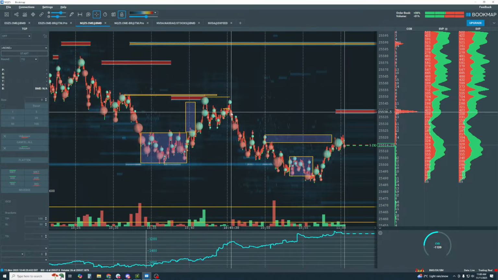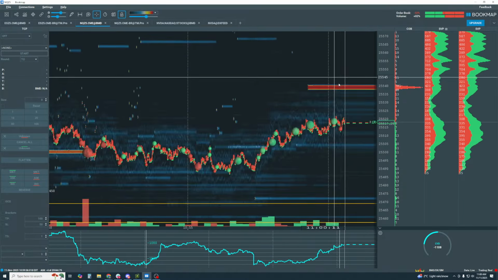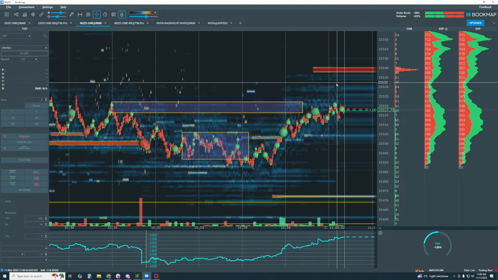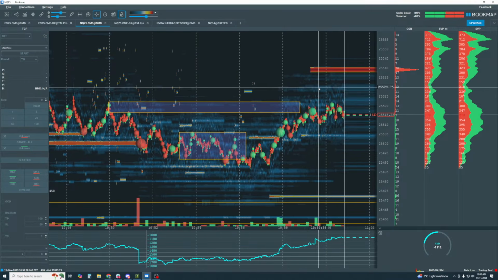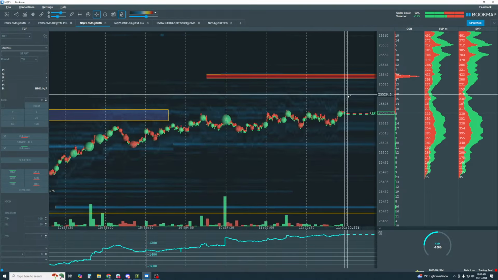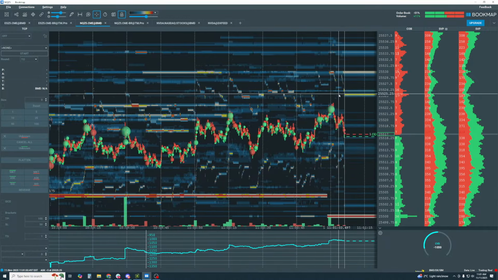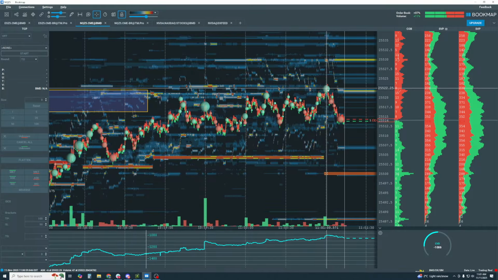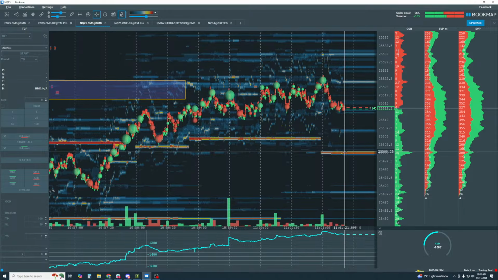Just to where it dropped from up here. Okay, well, if it can't break out and we see the selling come back in here, let's see if we can get some momentum on that sell side again and hit down into 500.